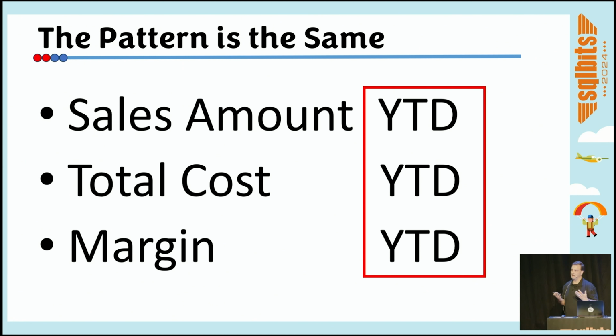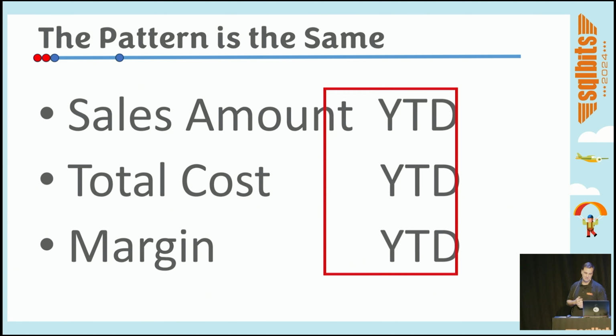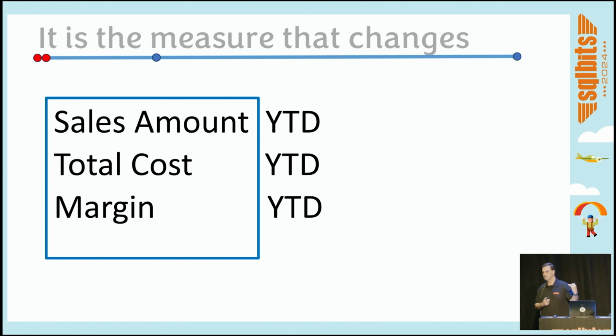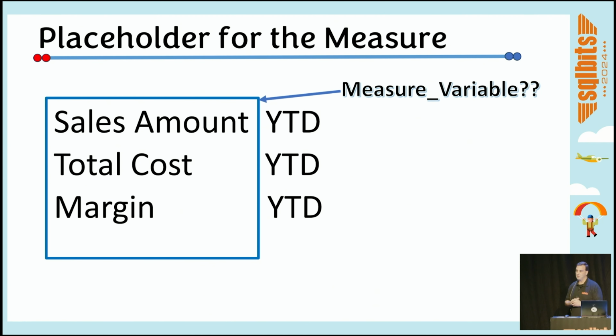If we look at what is going on, the pattern is the same. Year to date, year to date, year to date. It's only the measure that we're changing. So if we could find a placeholder for the measure, then we could accomplish this. And I know some people are really good with DAX. The first thing you think is, well, maybe a variable.